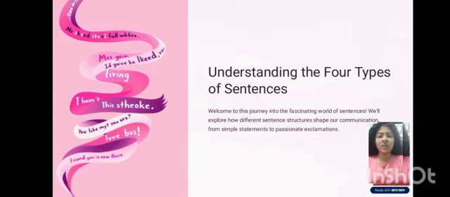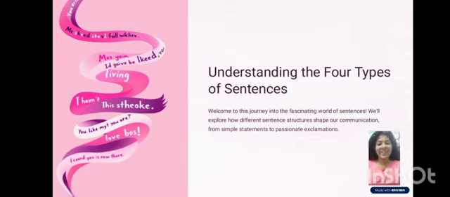Based on communicative intention, sentences are broadly classified into four: declarative, interrogative, imperative, and exclamatory sentences. Each type has its own grammatical characteristics, communicative role, and significance in effective language use.